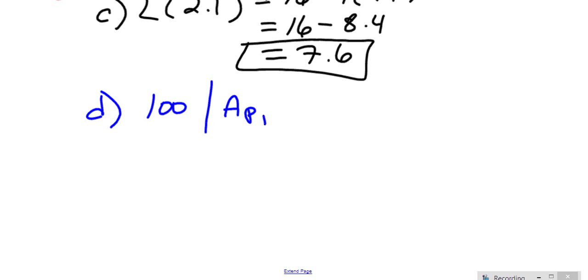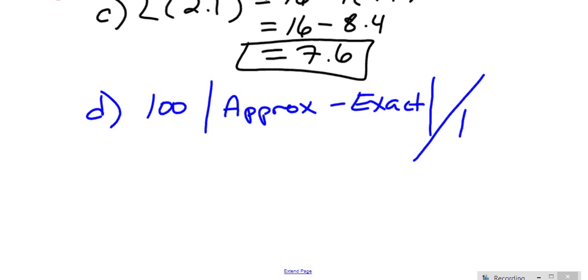We're going to use the approximate value that we just found using the linear approximation minus the exact, which we'll plug into the calculator. Then it's the absolute value of that, all divided by the absolute value of the exact. So this is the formula for the error.